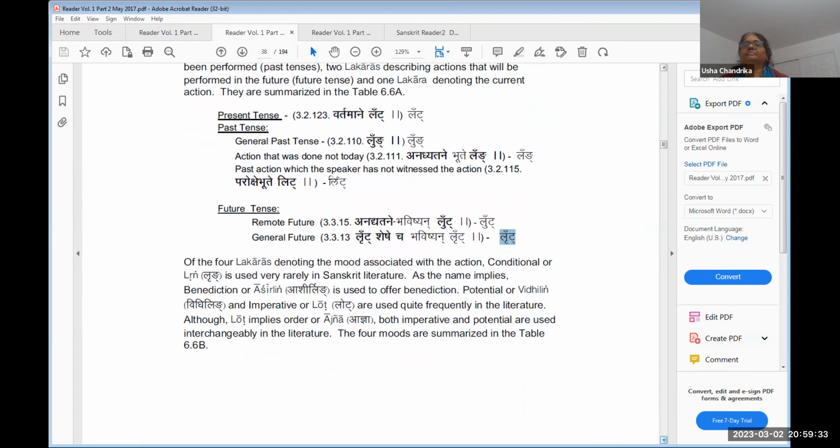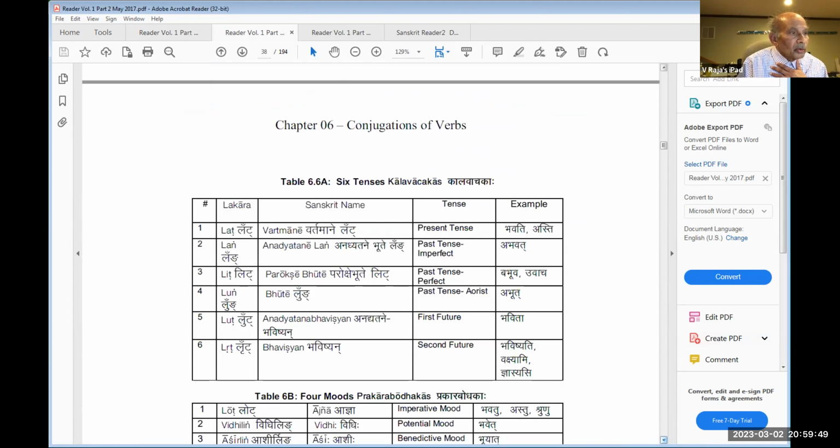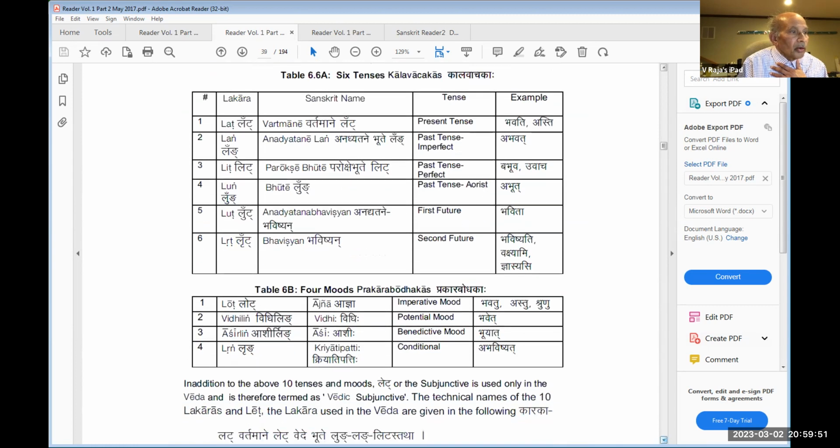Normally these lakaras, lat, lung, and lot, are lakaras. There are 4 ways of showing moods. When you use the verb form, you don't know whether it's an order or a potential, may happen or not.